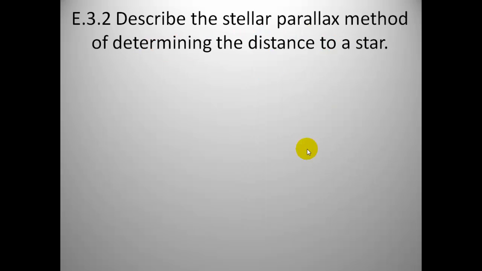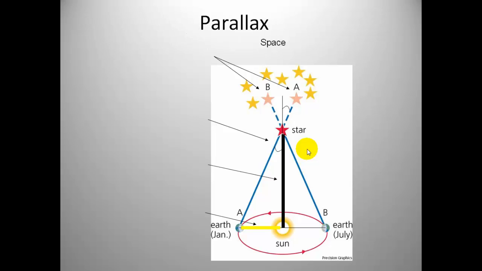Stellar parallax method of determining the distance to a star. Now, you know that we were talking about this angle here, 1 second of arc. This star moves position by 1 second of arc. But we cannot go from the Earth to the Sun. We can basically only go right to the other side of the Sun. So if the star is going to be 1 parsec away, the change in this angle is going to be 1 second of arc plus another second of arc.